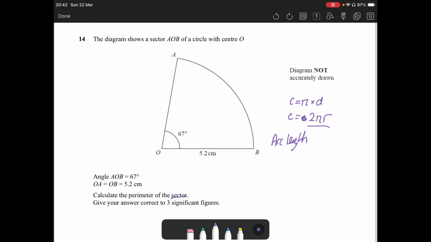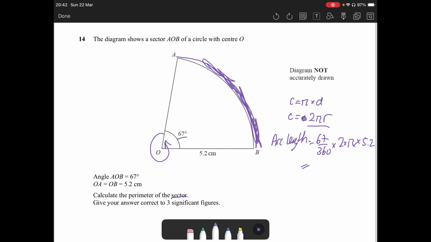I know a lot of textbooks focus on the formula, but I always say, look, is 67 out of 360 of your circumference, which would be 2 pi r. So 2 pi, at this point now I can replace r with 5.2.